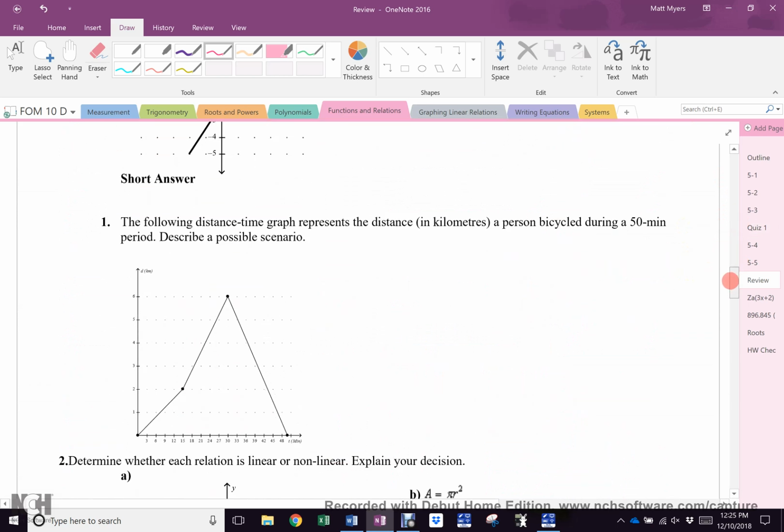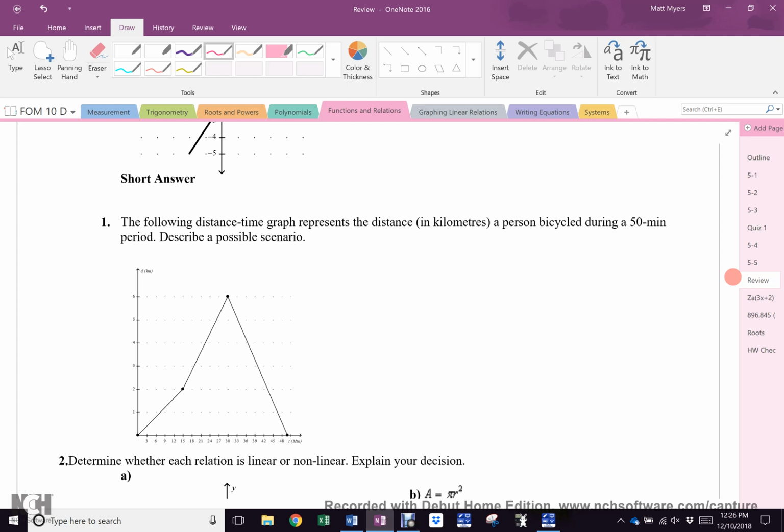Second page. So now, this question is going to be out of 4. 1 mark is she rode away from home, then she rode back. 1 out of 4, because that's true. Everybody cool? 2 marks: she rode away from home, then started riding a little faster, and then rode home. 2 marks.